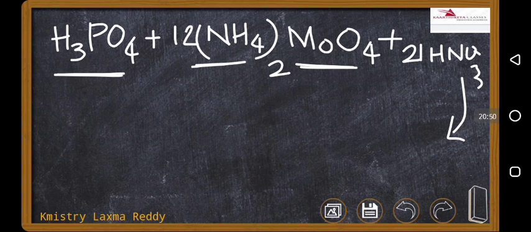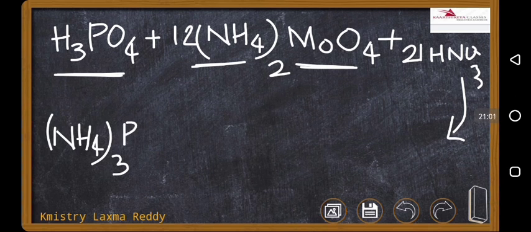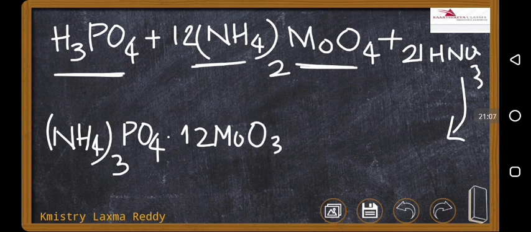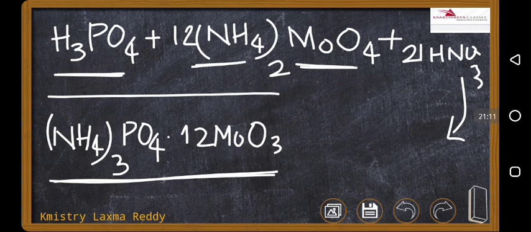When these are treated, what happens here? (NH4)3PO4·12MoO3 is the compound formed. This compound is yellow color compound.